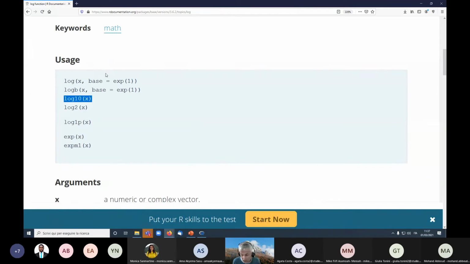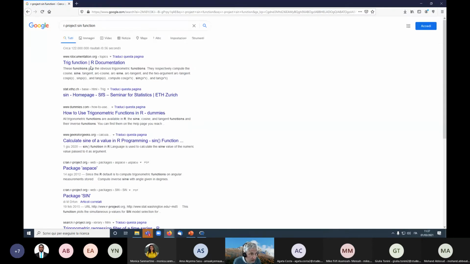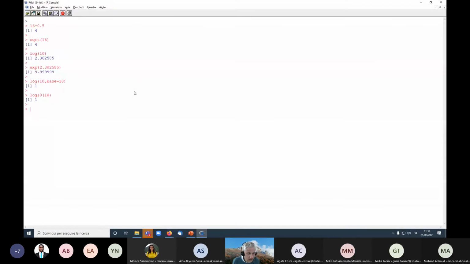This is the way you can search for help for whatever function. For instance, R project, trigonometric function, R documentation. You click here and there is a list of all the trigonometric functions: cos, sin, tan. So let's make a trial here.